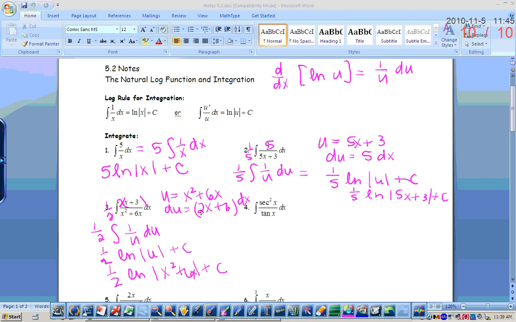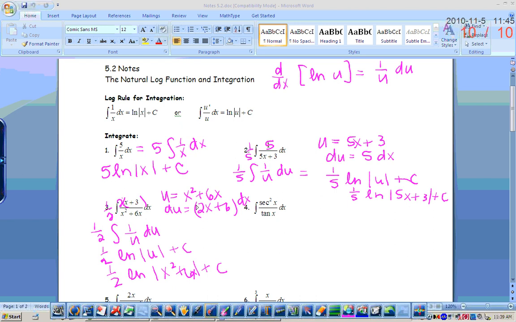Just don't try and overdo it. Once you get to this point right here where we put the 2 on top and the 1/2 outside, then whatever's on the bottom, we've got the derivative of that on top. So therefore the integral is the 1/2 that was outside, natural log of the bottom plus c.